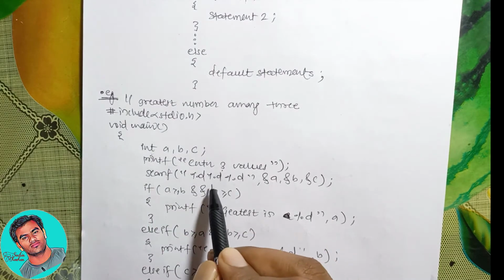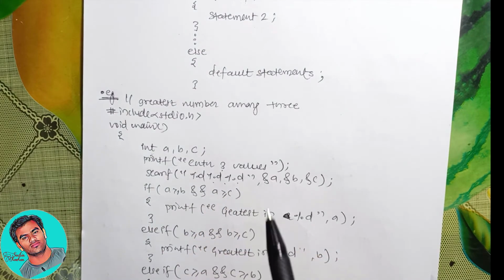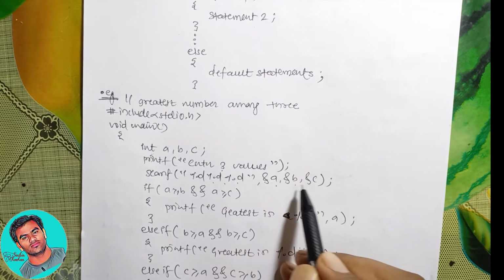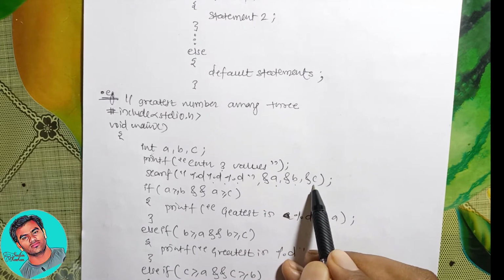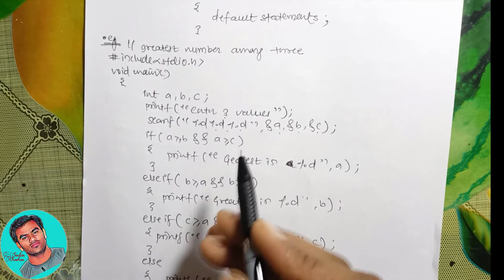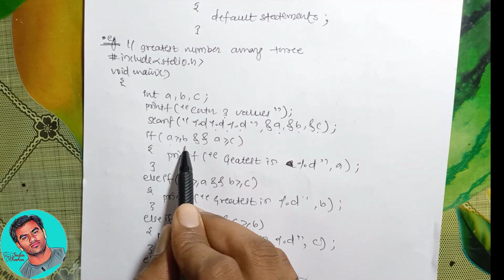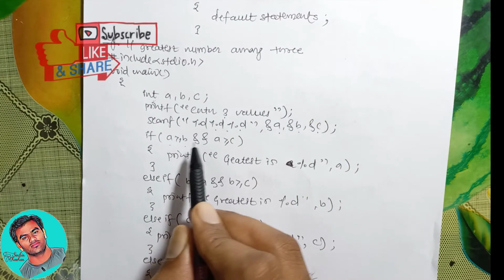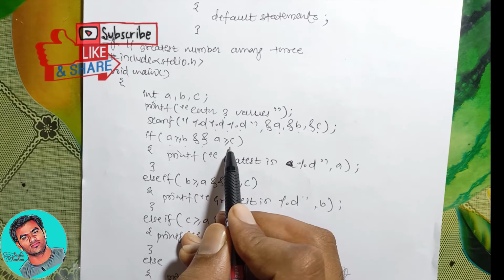Enter the 3 values with %d, %d, %d and ampersand a, ampersand b, ampersand c. So 3 variables are going to store the values of a, b, c. Now we check the condition: if a greater than or equal to b and a greater than or equal to c.